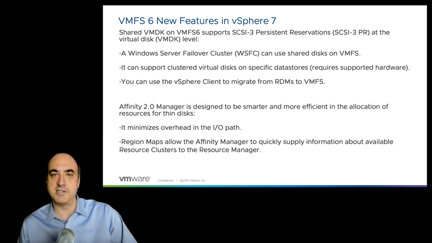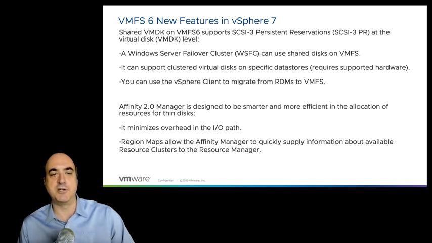Is there space here? Essentially, the file system is broken up into what are called resource clusters, a set of sectors that are usable for things like thin disks. And you always had to go out and find the free sectors, go fetch those free sectors, and then go ahead and start allocating them. With this new Affinity 2.0 Manager, these resource clusters are now organized into what are called region maps held in a cache.